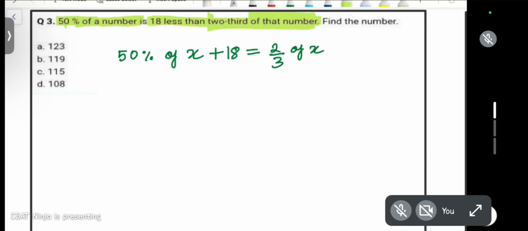So what I'm doing here is this: 50% of the number is less than 2/3 of the number, which simply means that if I add 18 to 50% of the number, then I'll get the value of this one. I'll give you an example to understand this.